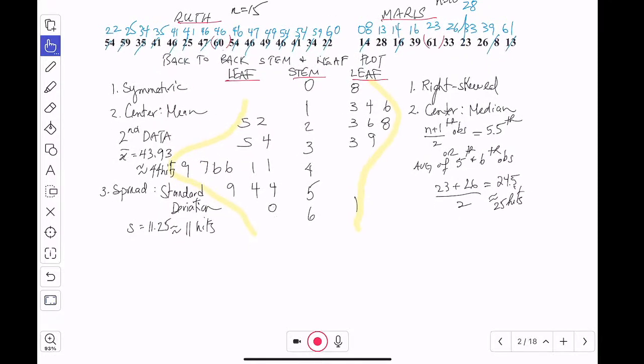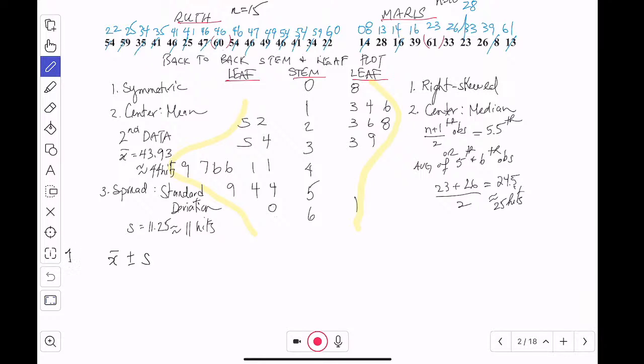All right, so now what I want to do is talk about how we interpret the mean and standard deviation. The way that we use it, because of the symmetry, we can take the mean and standard deviation and create intervals.